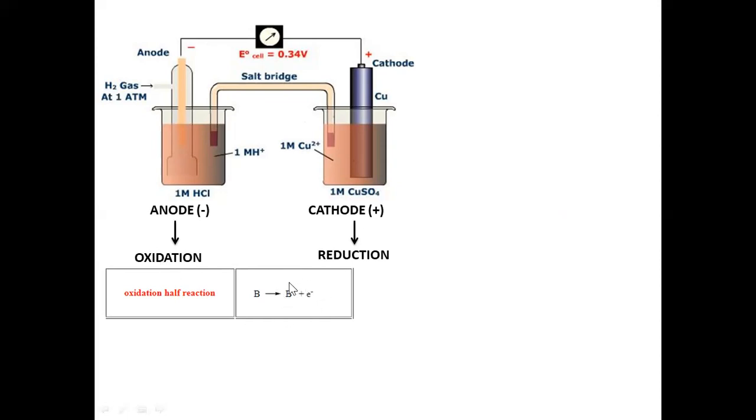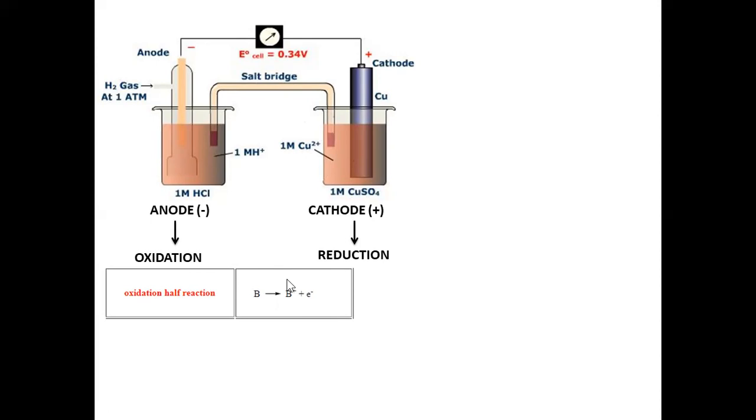Let's focus on the product side of this oxidation half-cell reaction. Since B here has a charge of positive 1, and the reactant B is 0 in charge, we need to add a single negatively charged particle here as an electron, so that positive 1 plus negative 1 will yield a charge for B for the product as 0. So this is already a balanced equation.